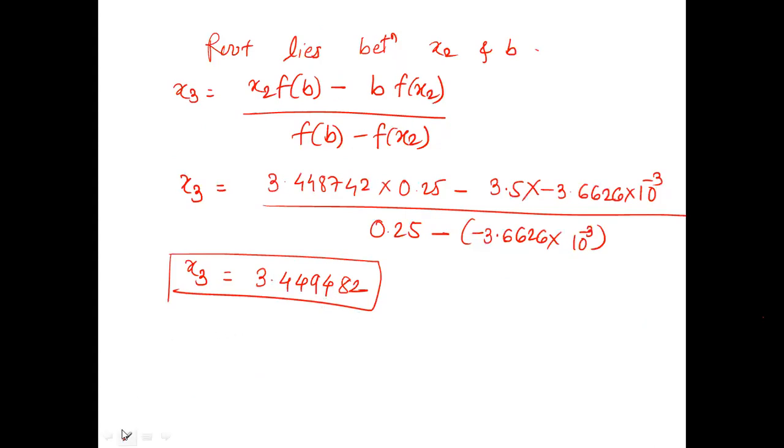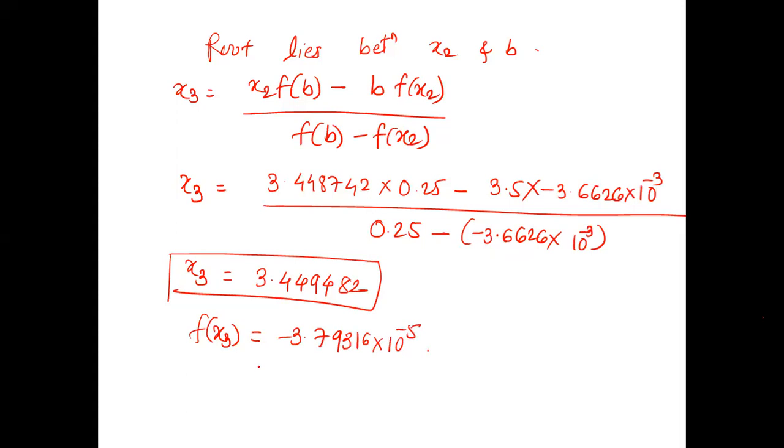So it has not matched again, which means we have to find f of x3 again. Once again, your equation should be x square minus 2x minus 5. Calculate for 3.449482. We get minus 3.79316 into 10 raised to minus 5.